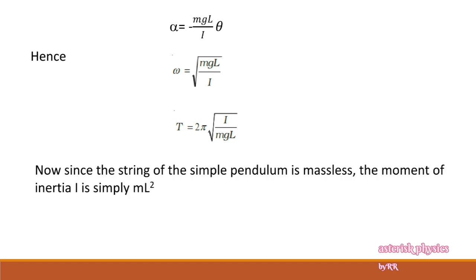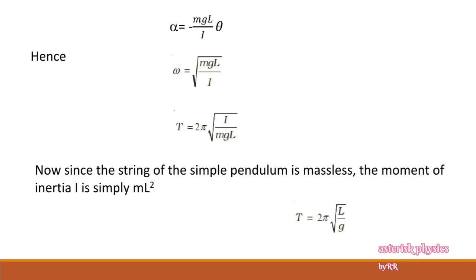Now, since the string of the simple pendulum is massless, the moment of inertia I is simply m into L square, mass of the bob into L square, and that is the moment of inertia in the case of a simple pendulum. So, substituting I is equal to mL square in the above equation for time period, we get T is equal to 2 pi into root of m into L square divided by mgL.